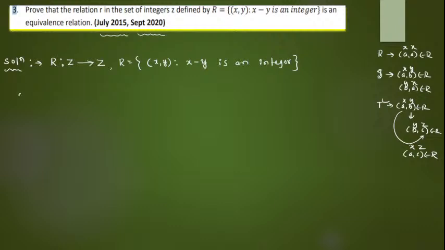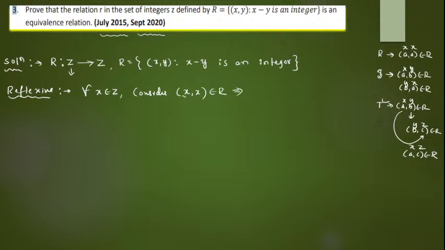Clear? So first I will check the reflexive condition. For the reflexive condition, you can choose any one integer x here. For all x belongs to the set of integers Z, consider an ordered pair, a doublet. x belongs to Z means the doublet x comma x belongs to R, right?